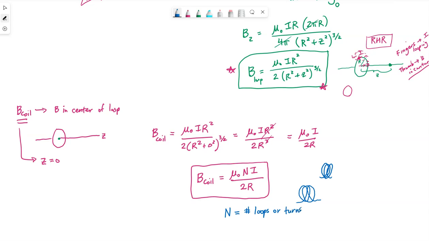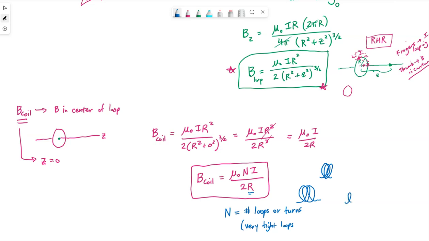Now this is limited because we do have to assume that each loop has the same radius and essentially the same center. So this only works for very tight loops and only for a few of them.